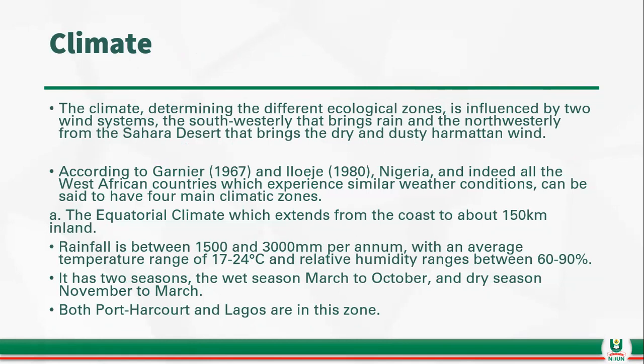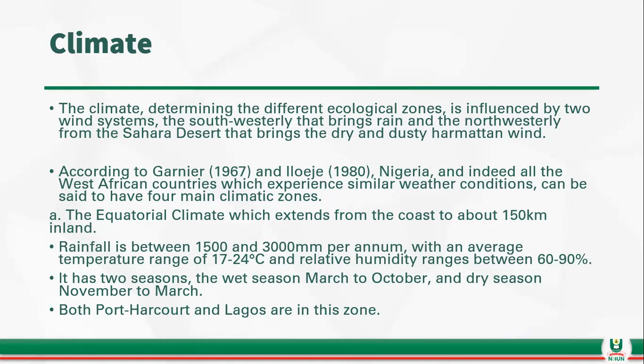The wind that enters the country through the southwestern region comes with rainfall, as well as the northeastern wind that blows through the Sahara Desert, and that brings the dry and dusty Harmattan wind that is experienced in the country. According to Iguinea 1967 and Iloeje 1980, Nigeria, and indeed all the West African countries which experience similar weather conditions, can be said to have four main climatic zones.